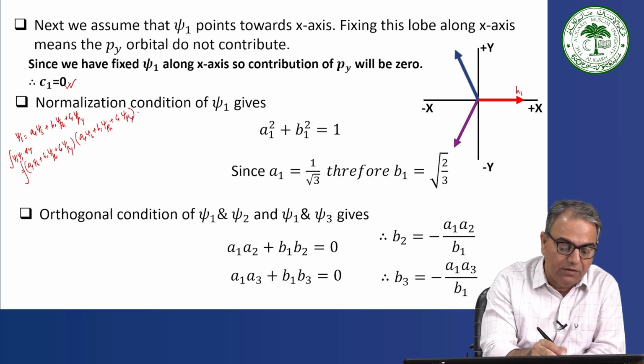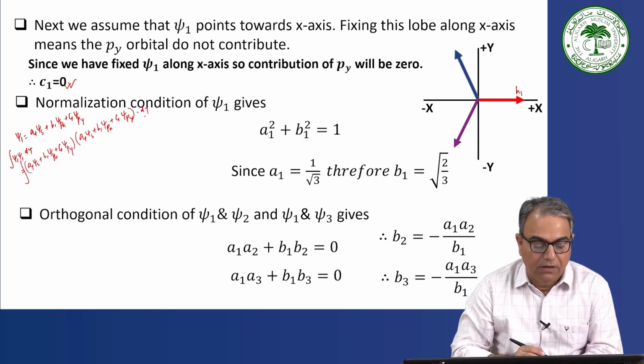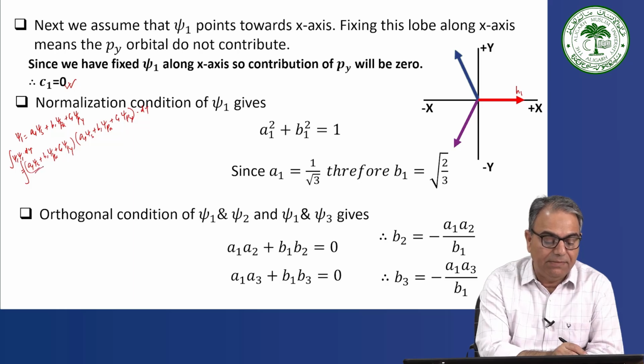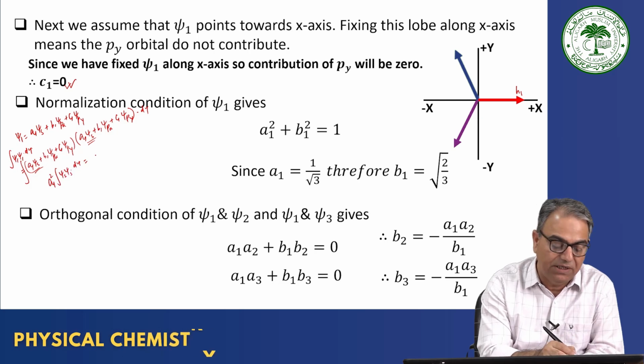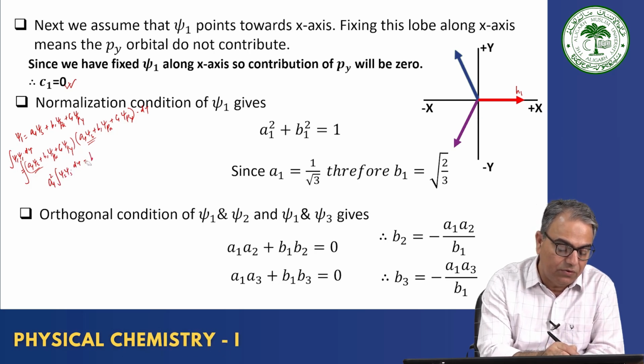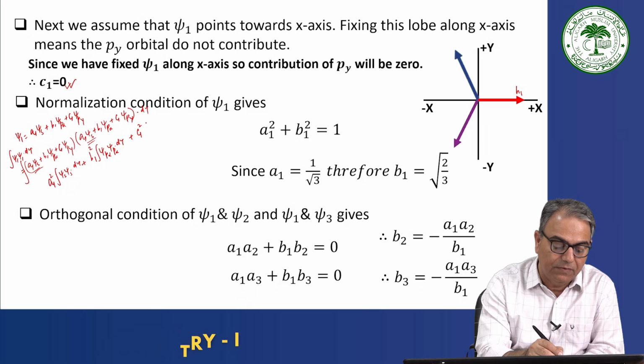And integral of this over whole space. If you find out the integral, what will a1 psi s multiplied by a1 psi s be? a1 square integral of psi s squared d tau, plus b1 square integral of psi px squared d tau, then c1 square integral of psi py squared d tau.